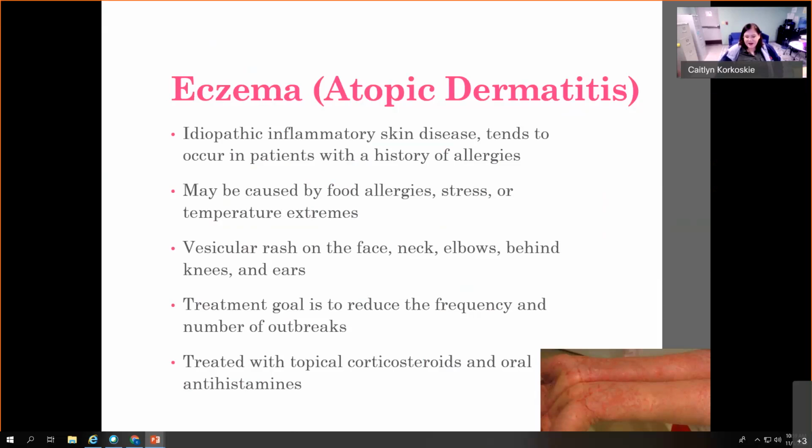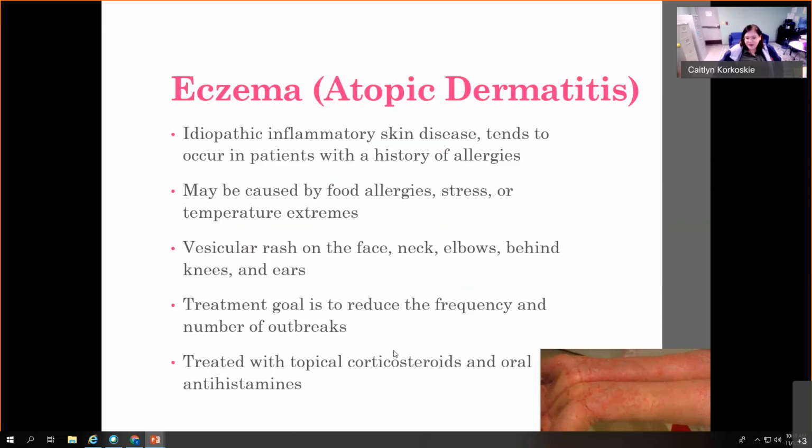The way they treat it is with topical corticosteroids, like a cream or ointment, and also antihistamines. They'll prescribe allergy medications to help with the outbreaks, because a lot of times, not only can it be food allergies, but it can also be all these external factors.